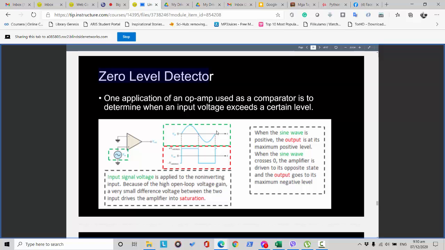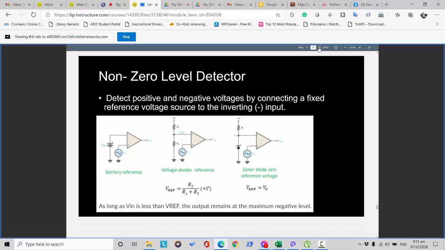So you can see here, from the positive sine wave, we have the maximum positive level of the voltage. But when the sine wave crosses 0 and becomes a negative sine wave, you can notice that we have the maximum negative level. So basically we have a zero level detector using that particular example.